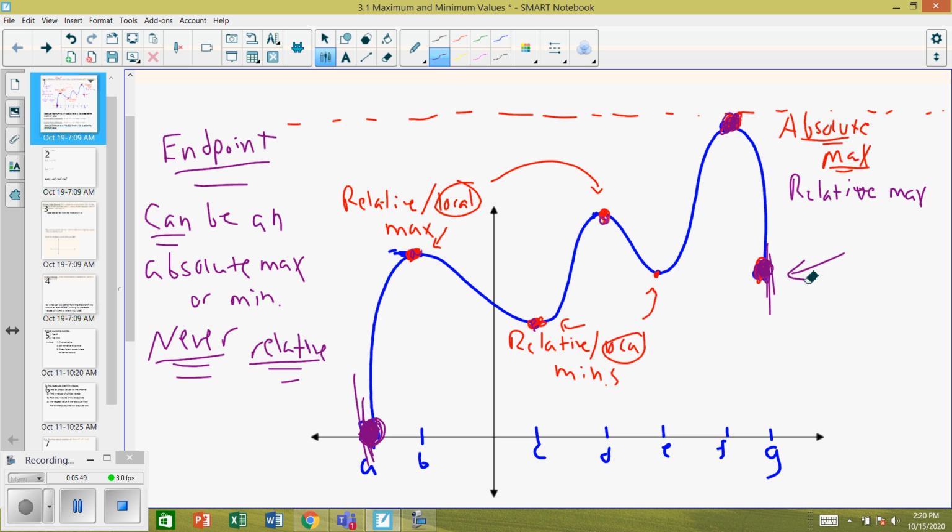It's not even a relative max or min, because endpoints can't be that. But at A, since it is the smallest value on this closed interval, it can be considered an absolute minimum. So endpoints can be absolute, but never relative. Or they could be neither. Endpoint G is neither.